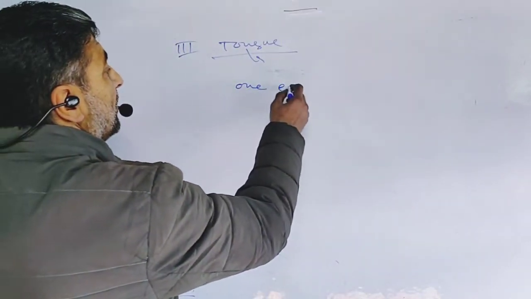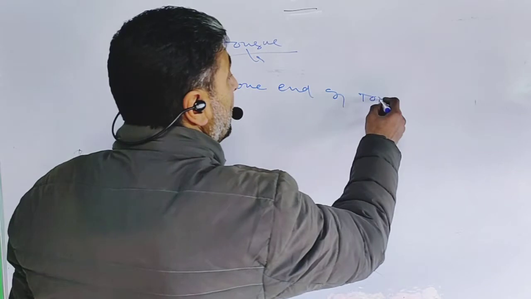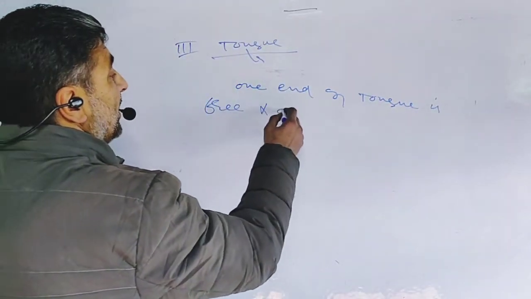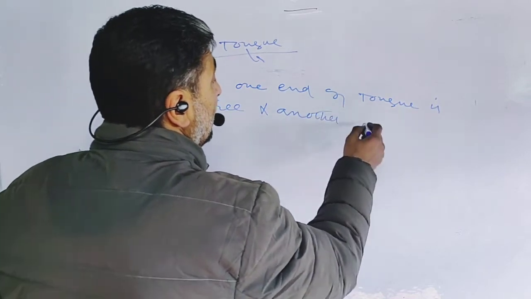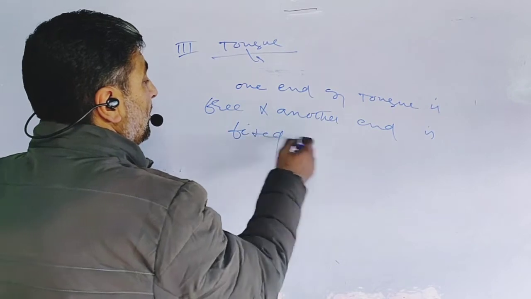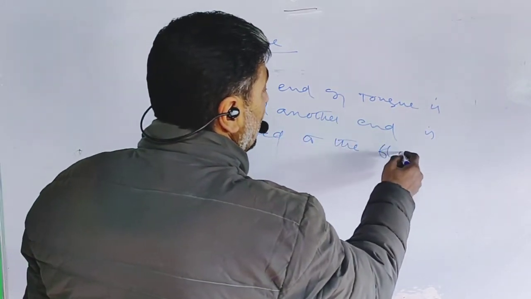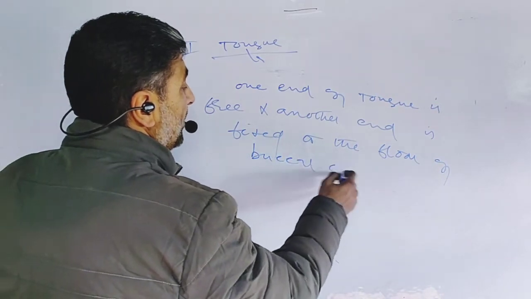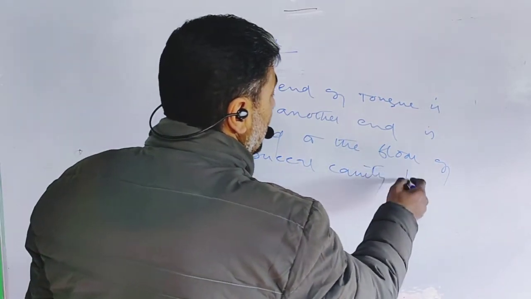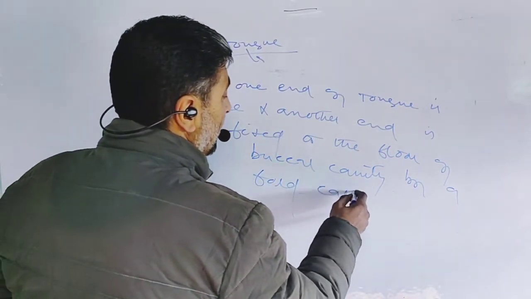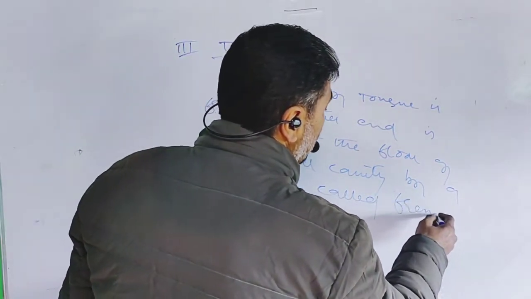One end of the tongue is free and another end is fixed to the floor of the buccal cavity by a fold called the frenulum.